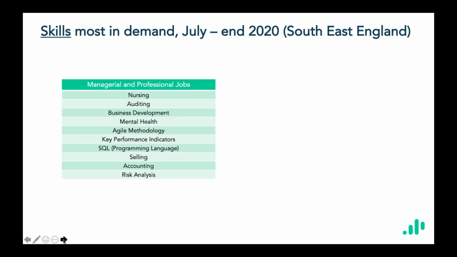Firstly, if we look at jobs categorized as managerial and professional, usually those jobs that are most highly paid in the labour market, what we see on screen here is the 10 skills that were in most demand from employers in the Southeast for those jobs across the second half of 2020.